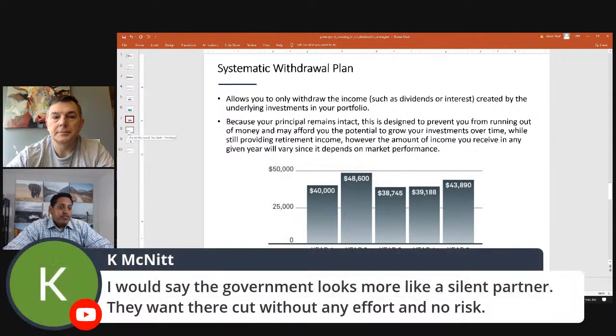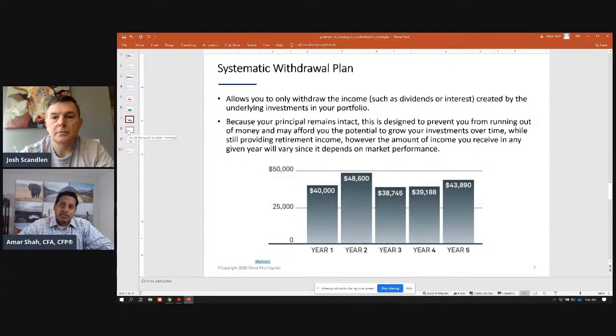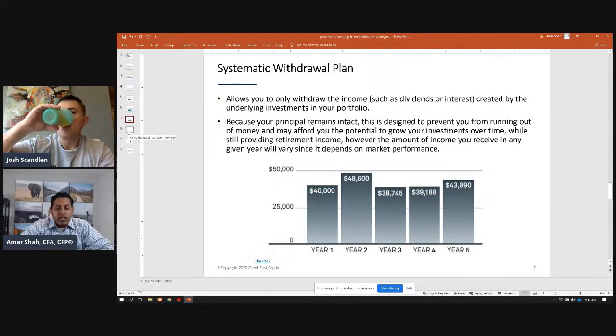But then if you factor in '08, '09, we printed a lot of money. Last year, we printed 4 times as much money. The government doesn't seem to be stopping. I don't want to say government, central banks. All these countries are doing this printing.